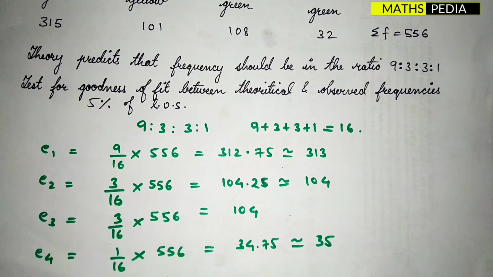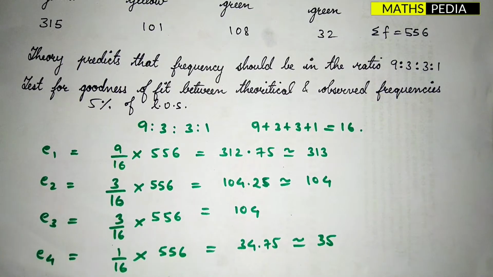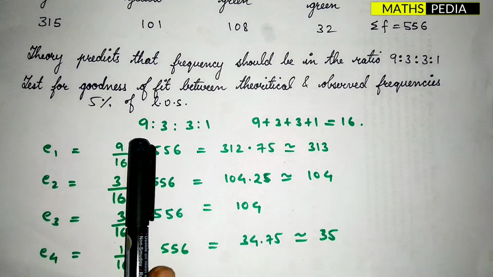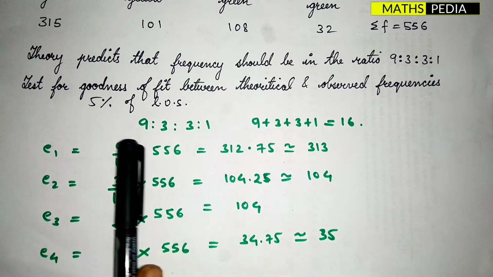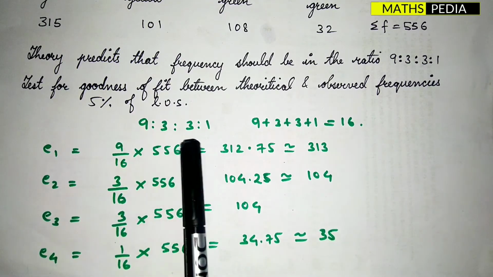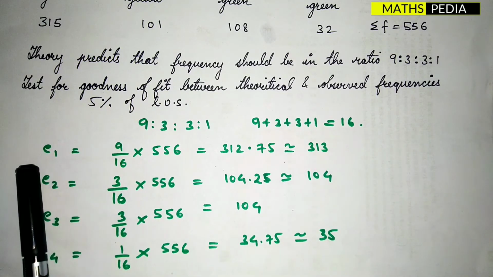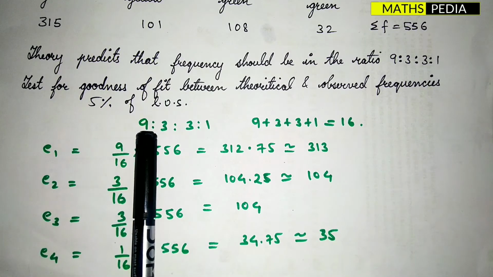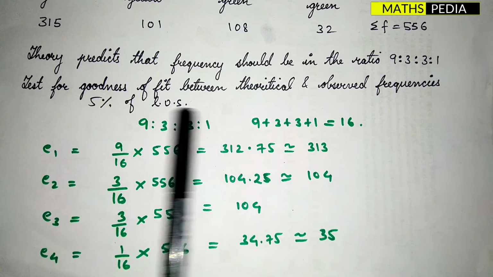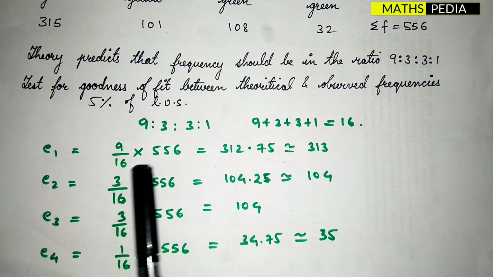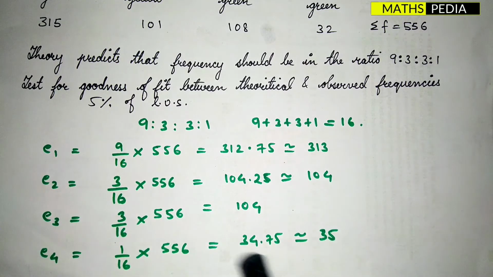So we have to calculate the expected frequency. Here it is given in the ratio proportion 9:3:3:1, so we'll add up all these to get a certain value. So how to calculate E1? First one, 9 by 16, the total, into the summation of observed frequency, that is 556.